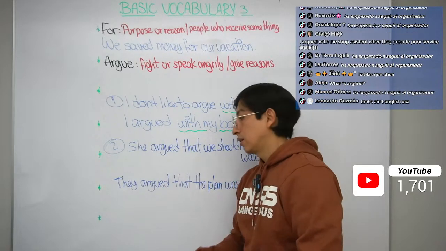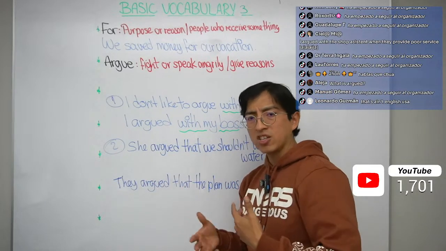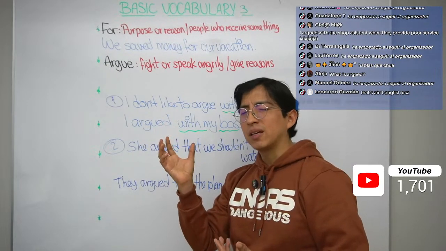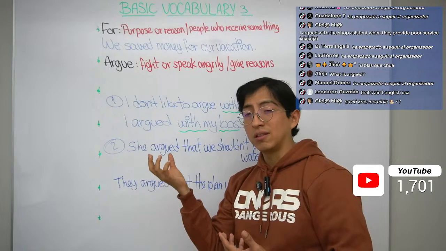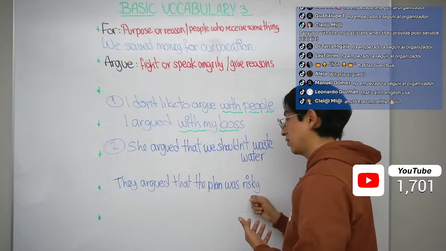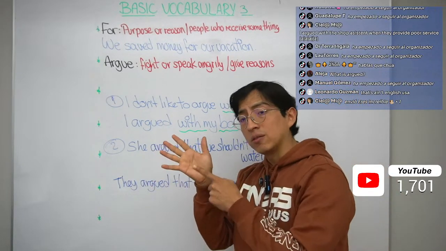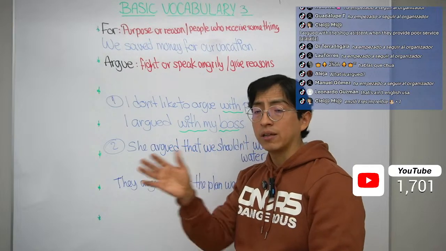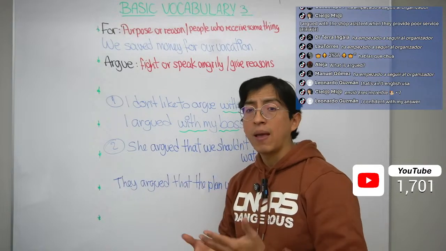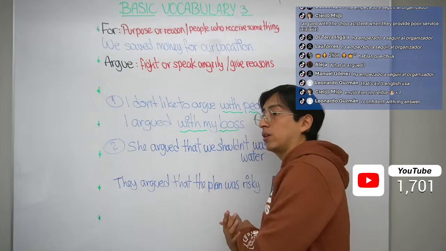So one more time, imagine we are in a business meeting and they are sharing their opinion. "Hey, this plan isn't good. This plan is really risky. It's dangerous." Why? Because of this, of this, of this, and this. So I'm explaining, I'm giving reasons, or I'm supporting my idea. Why is this plan risky?